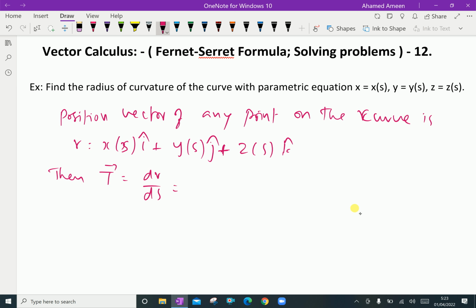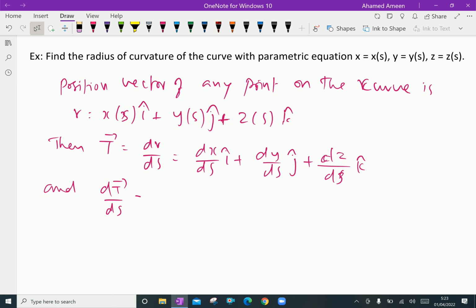Then you can write dx by ds i vector plus dy by ds j vector plus dz over ds k vector, and differentiate this one, dt vector over ds is d square x over ds square i vector plus d square y over ds square j vector plus d square z over ds square k vector.